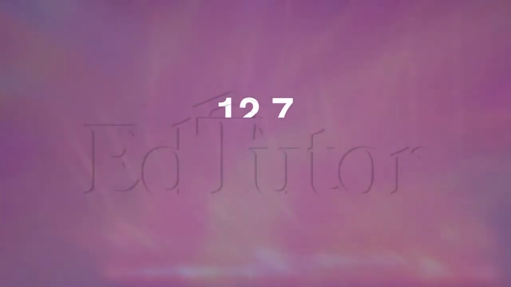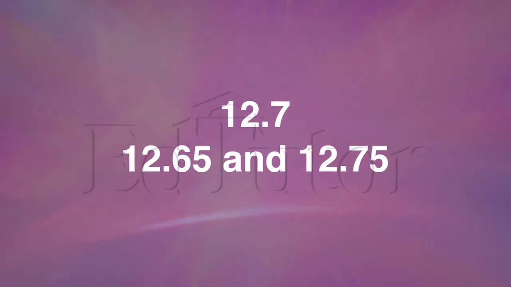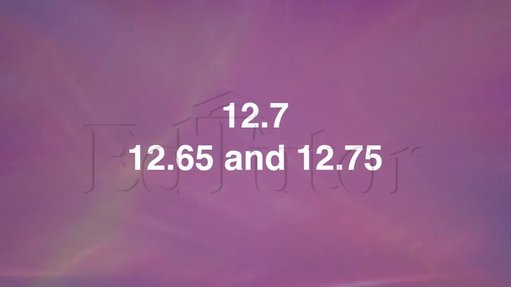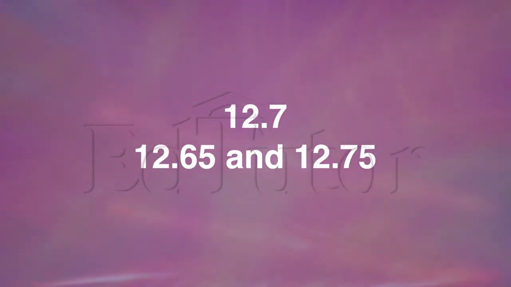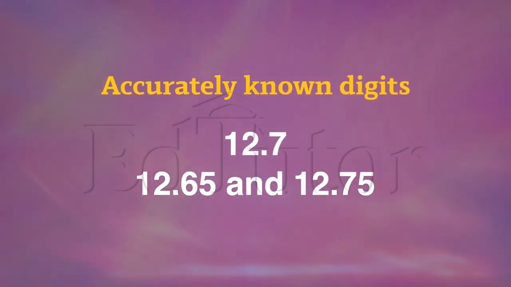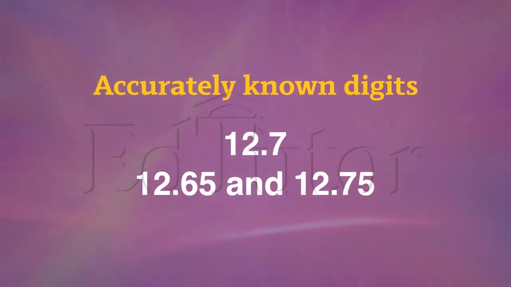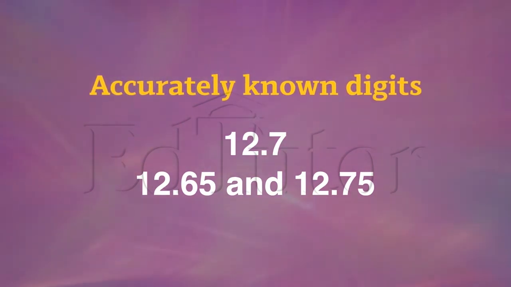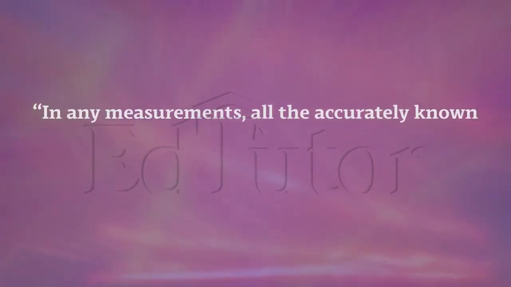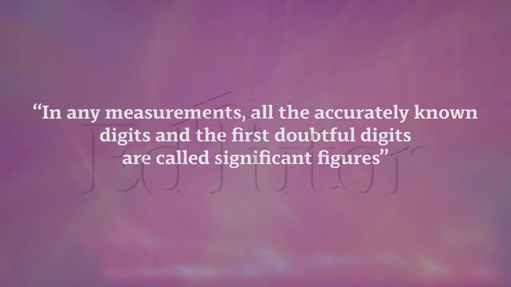If you compare actual and measured values, you will notice that the first two digits, 1 and 2, are the same. We call them the accurately known digits. The difference starts with the third digit. This third digit is the first doubtful digit. So, in any measurement, all the accurately known digits and the first doubtful digit are called significant figures.